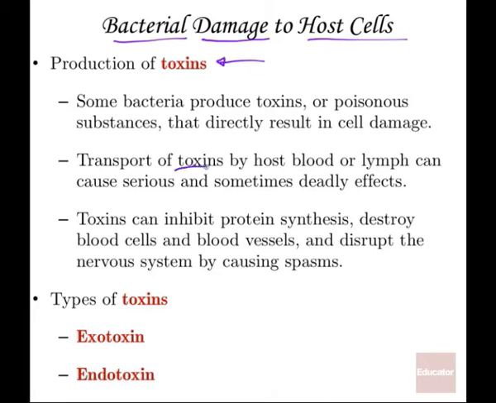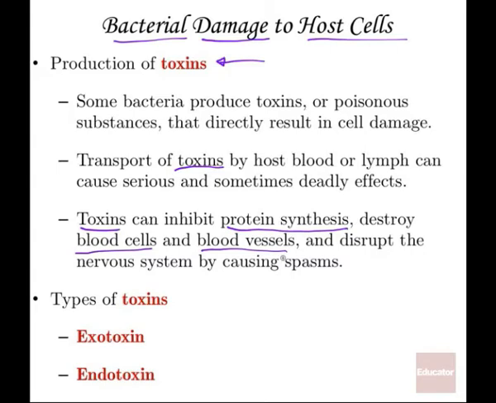These toxins can be transported by blood or lymph, and when these toxins become systemic, they can create a huge septic shock, for instance. These toxins can inhibit protein synthesis by the host cells. They can destroy blood cells and blood vessels, and they can disrupt the nervous system as well by causing spasms.